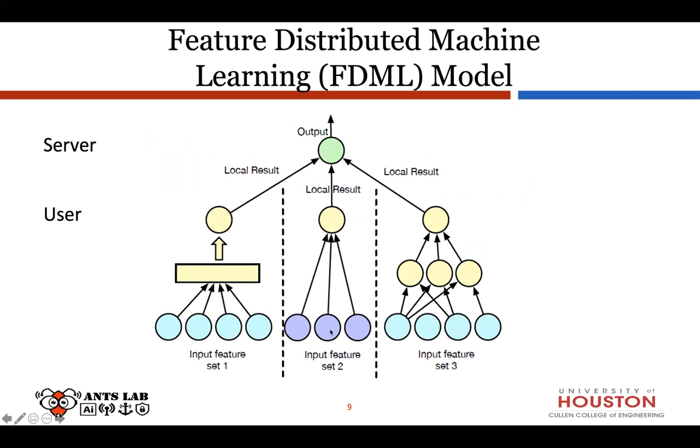This is the feature of user two, and this is the local model of user two. User one's local model can be different from user two's local model. And the only value the users want to communicate with the server is the local prediction results. So from the server point of view, after receiving all the local results, it will generate the final output according to some functions. So this is the overview of this feature distributed machine learning model.